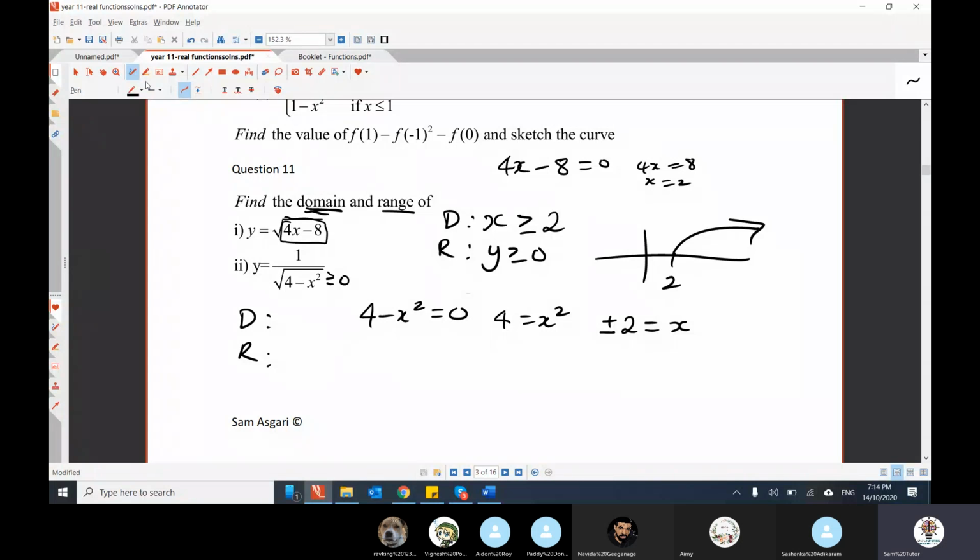No. All good. So we said 3 doesn't work and -3 doesn't work, but it's got to be -2 and 2. The answer is -2 less than x less than 2. It's all the numbers between -2 and 2.